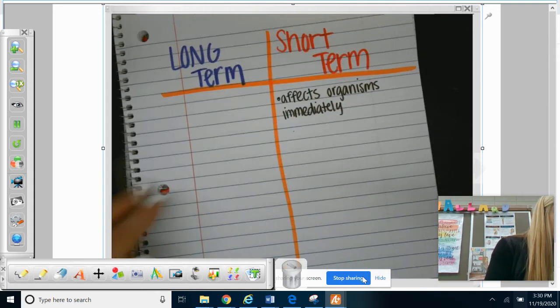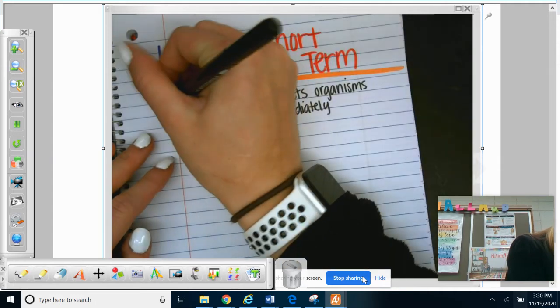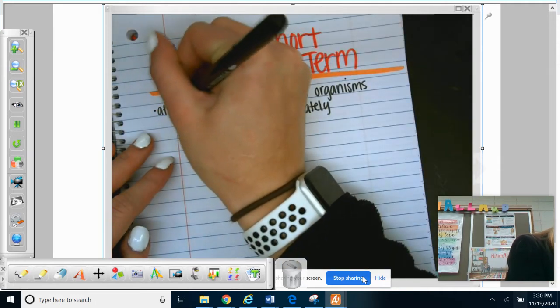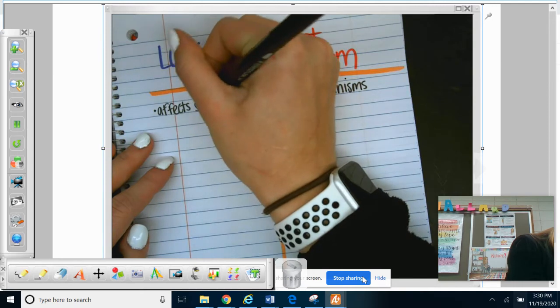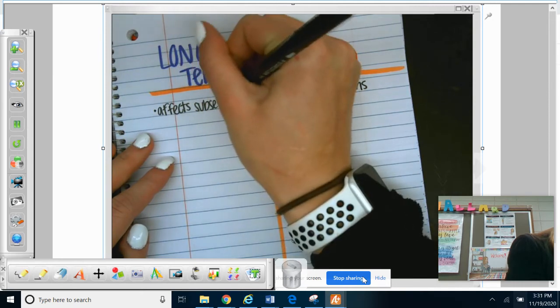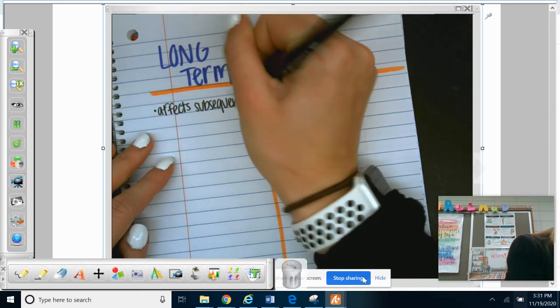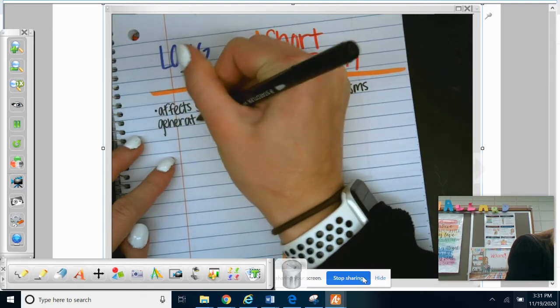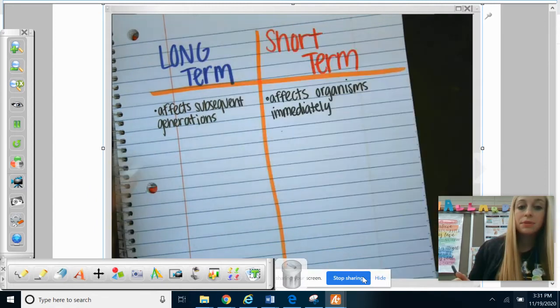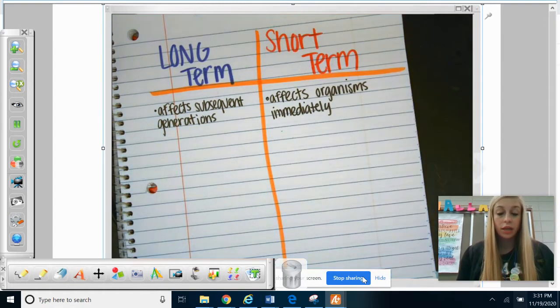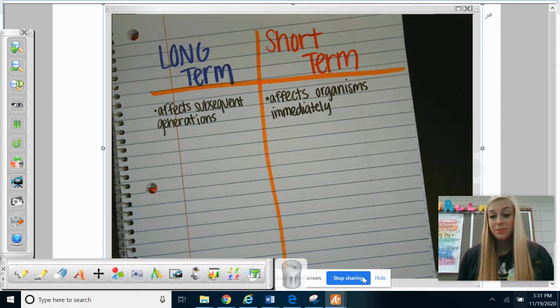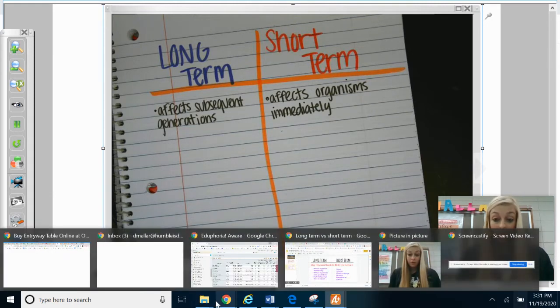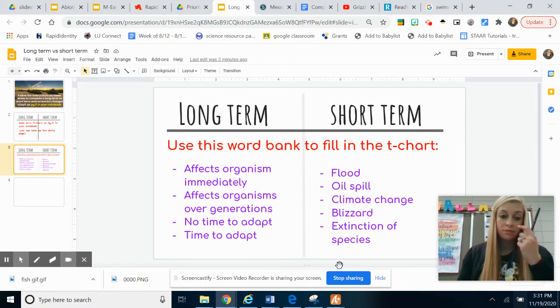So this would be affects subsequent generations. And that word subsequent is a big word, but it is a word they like to use on tests. It really just means future or multiple, following, affects following generations, future generations.